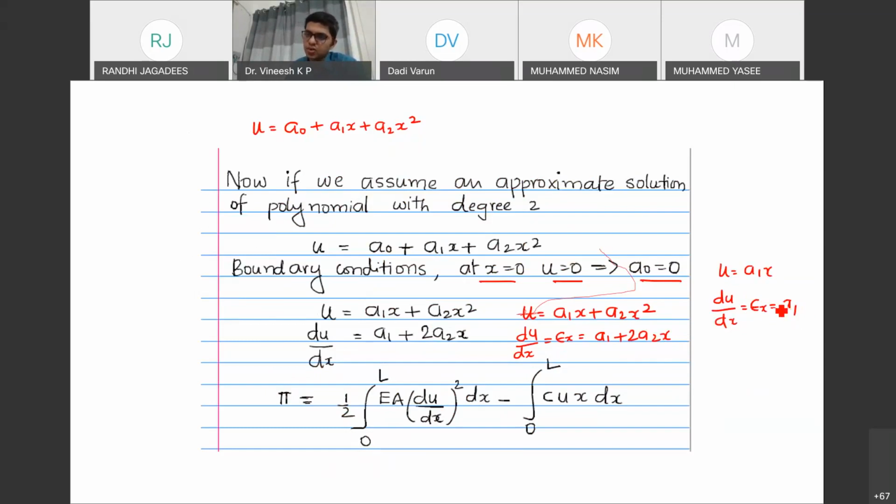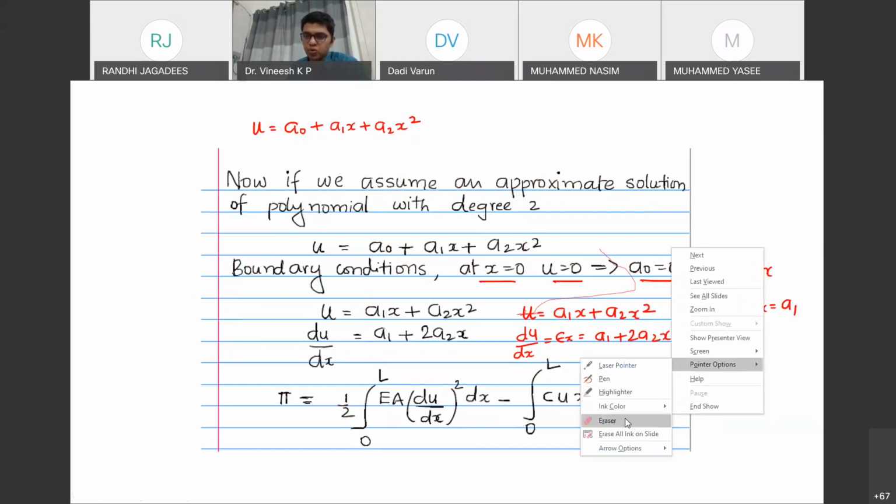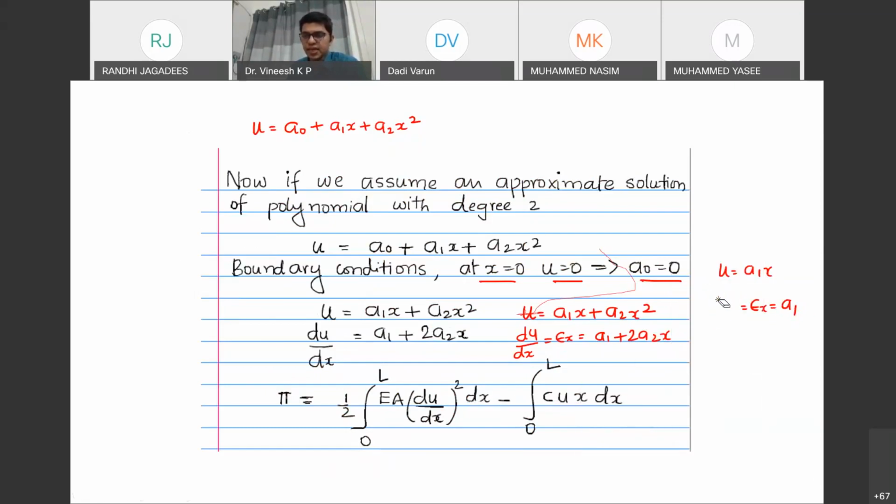So strain is equal to constant when you consider a polynomial of degree 1. But when you consider a polynomial of degree 2, you can identify that strain is a function of x. That means strain is now varying, with a linear variation in x.